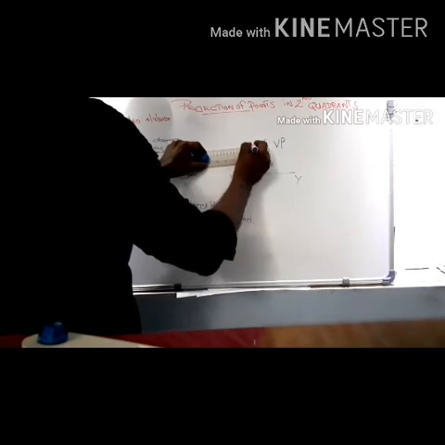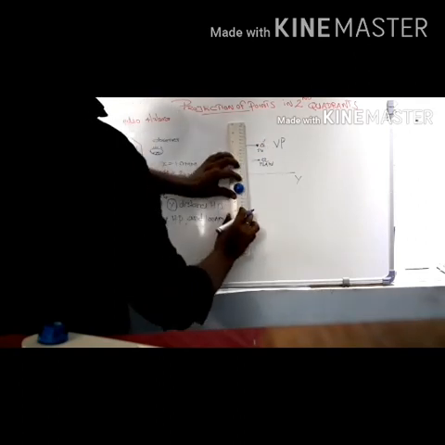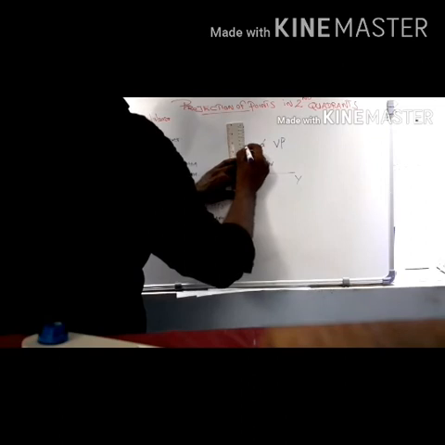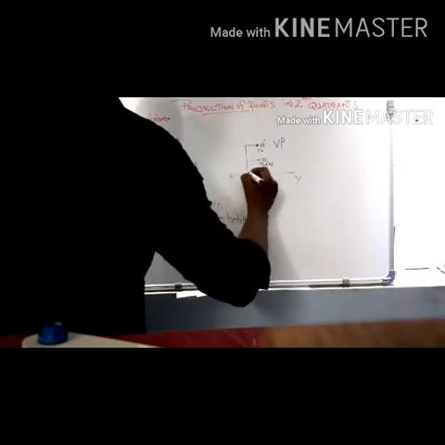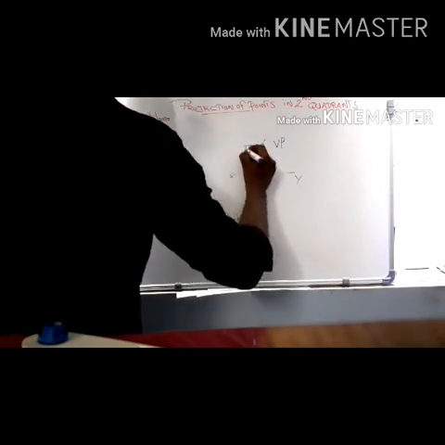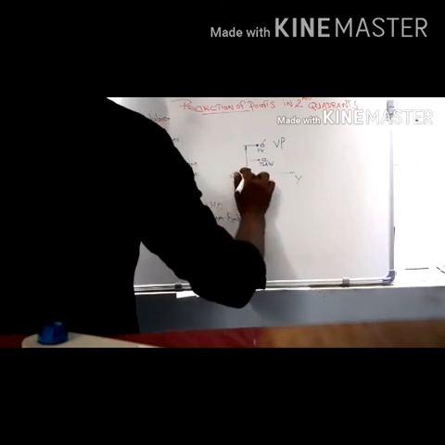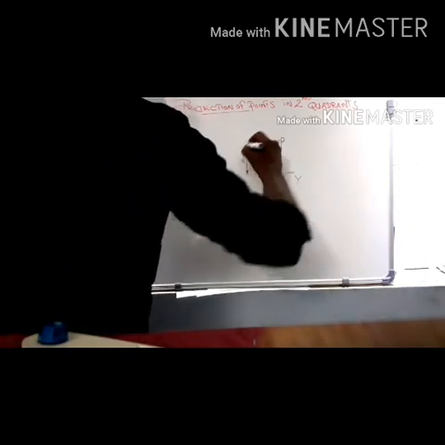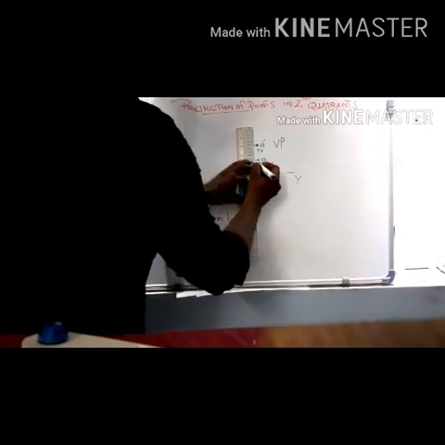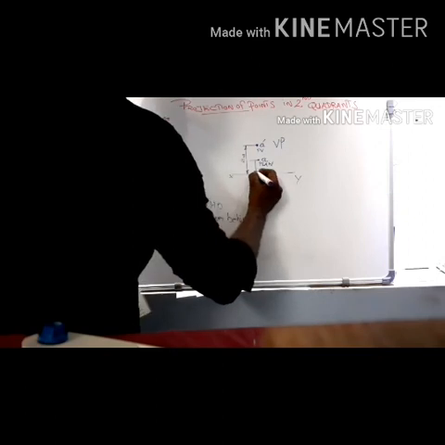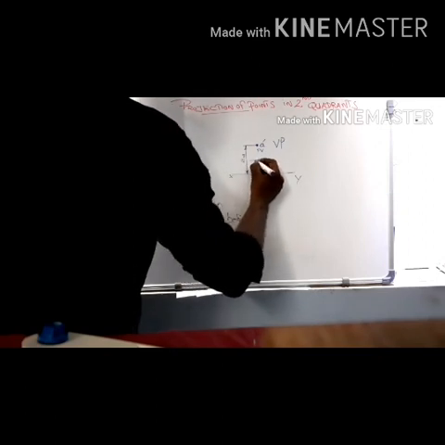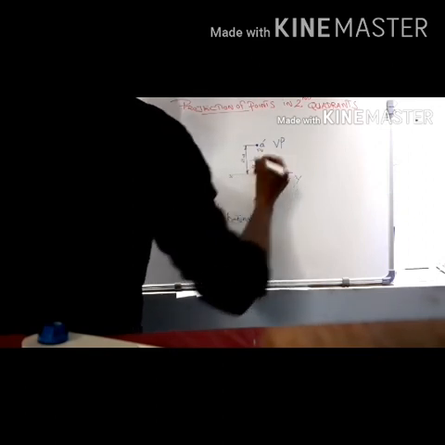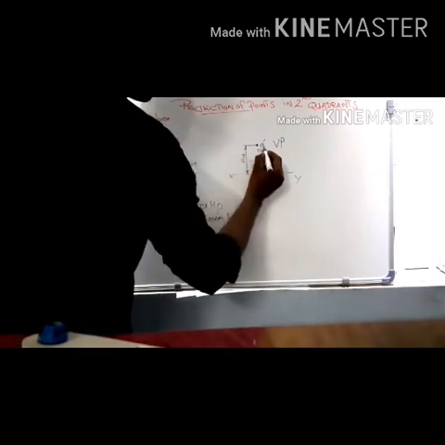Similarly, we draw an extension line from here. Now mark that distance. This is the y distance, that means the height from the HP, which is 20 millimeter. And this distance is the distance from VP to the point, which is 10 millimeter.